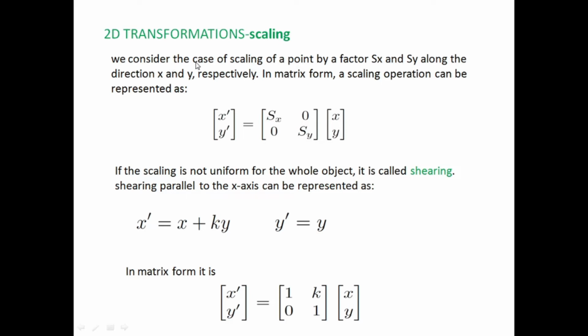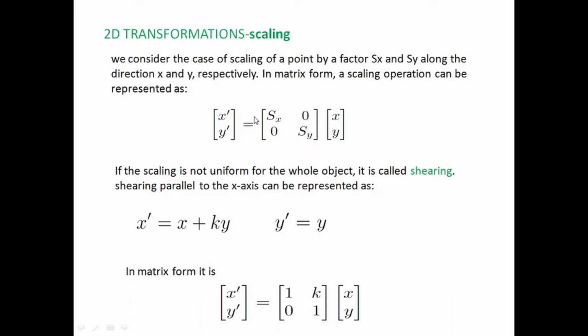We can consider the case of scaling of a point by a factor sx along the x direction and sy along the y direction. Respectively, in matrix form, the scaling operation can be represented as x dash equal to sx into x plus 0 into y, y dash equal to 0 into x plus sy into y.